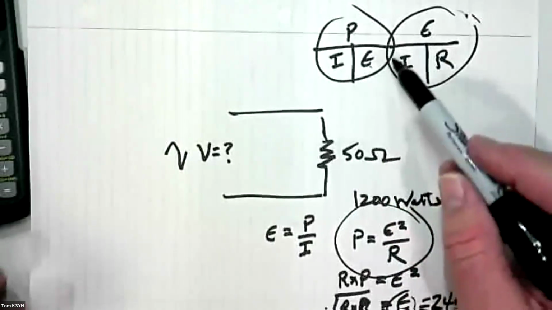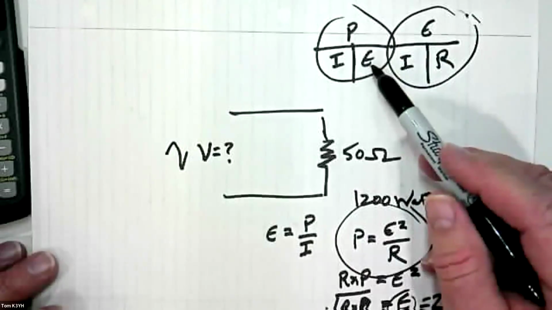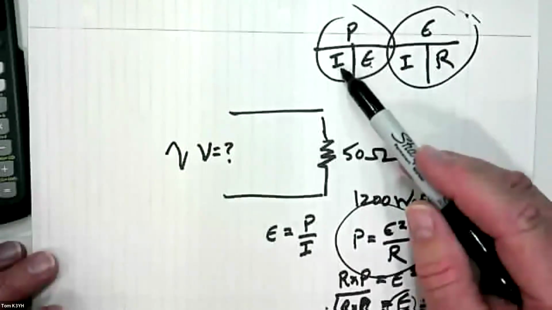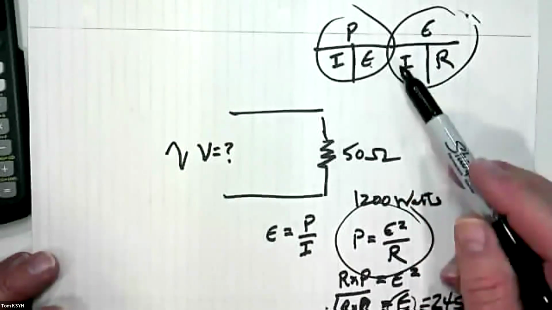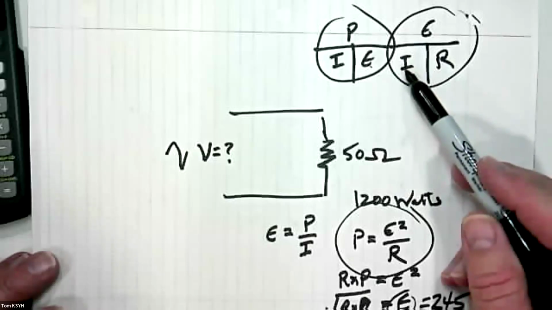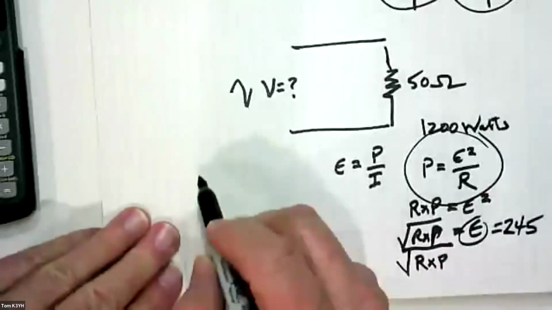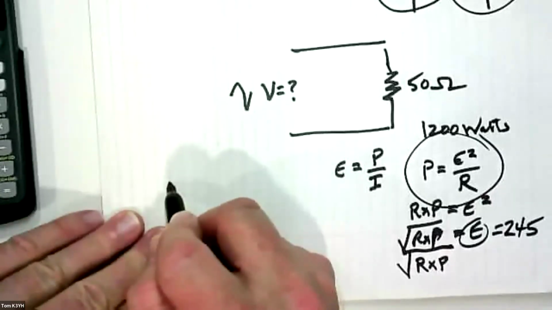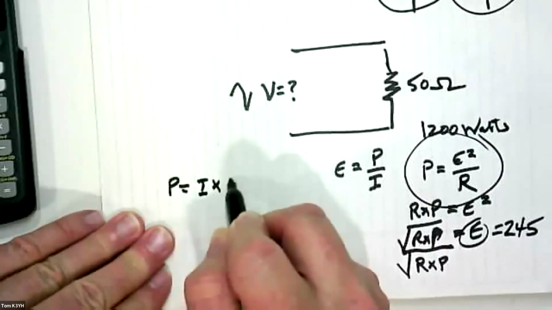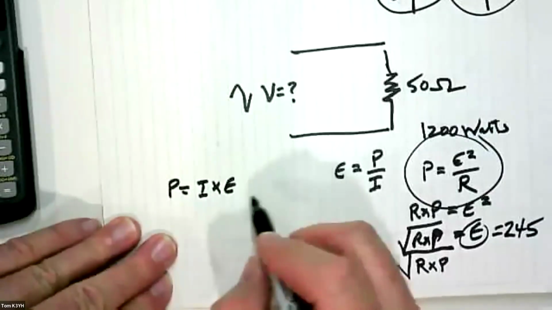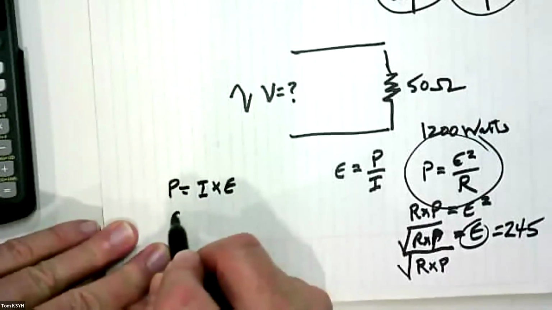So you've got basically on the left side here, you're trying to solve for E, so you need P and I. Okay, you don't have I. So now you go over here and you say, okay, what's I? And it's E over R. Okay, so if I go back over here and I say power equals I times E, therefore, I'm going to flip it around here.